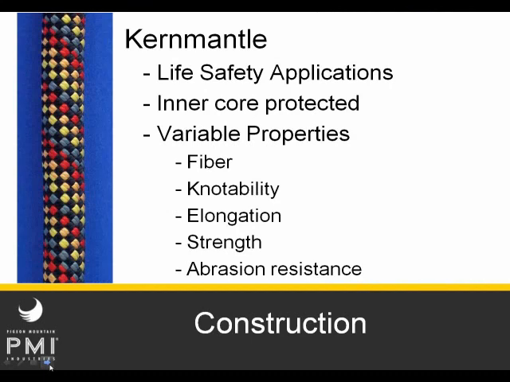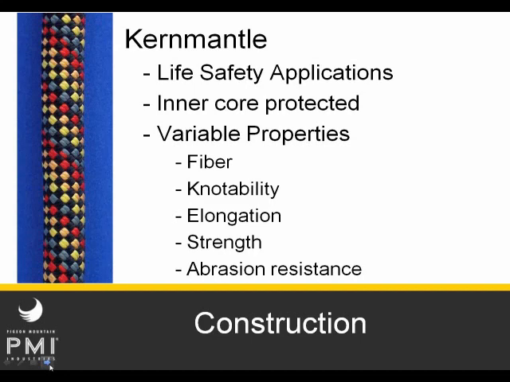Kern mantle life safety ropes have become quite common in recent years because of the features that they offer. They're very common in life safety applications because the inner core provides the vast majority of the strength, and it's protected throughout the length of the rope by the sheath.